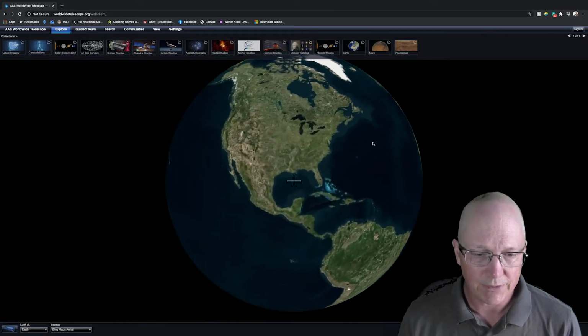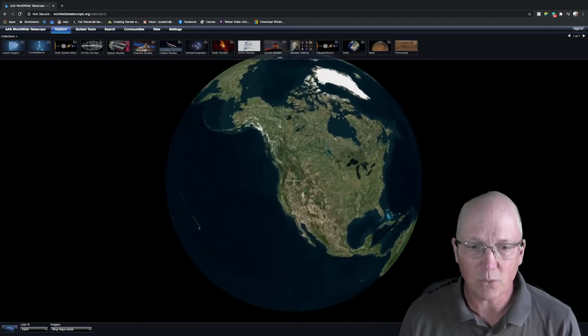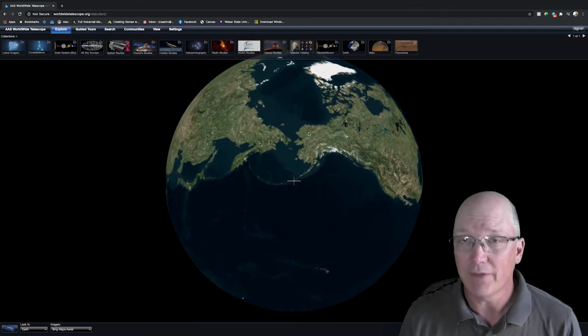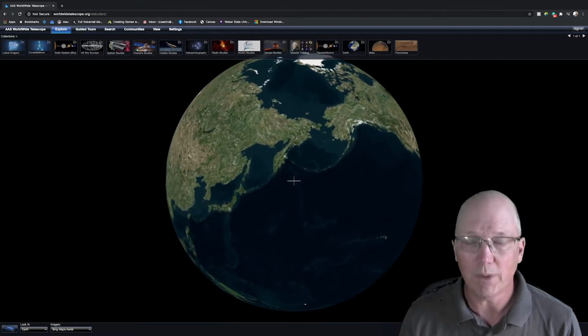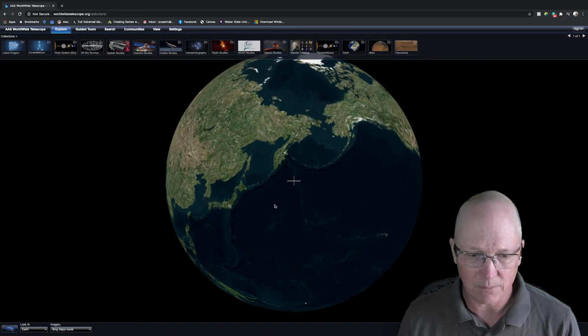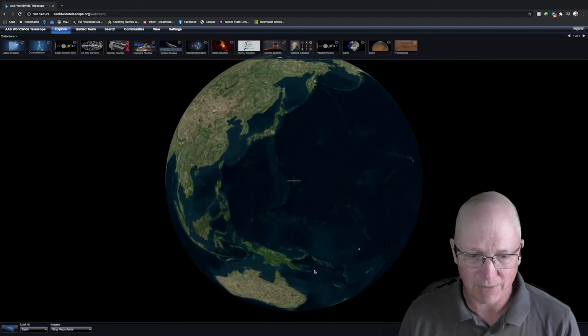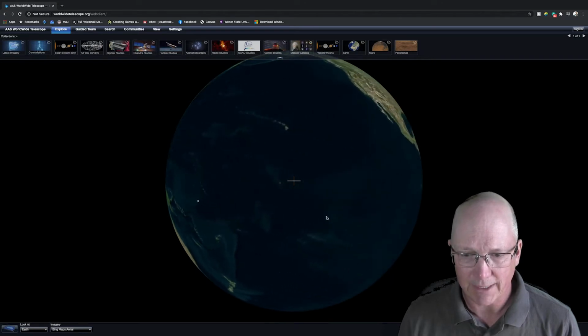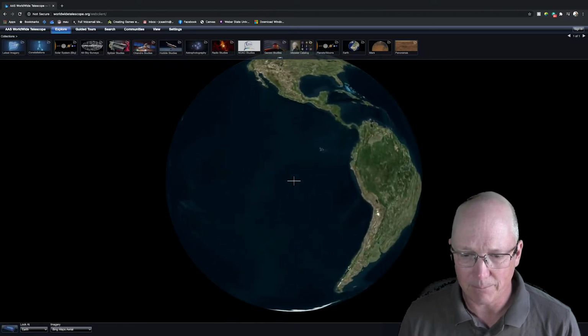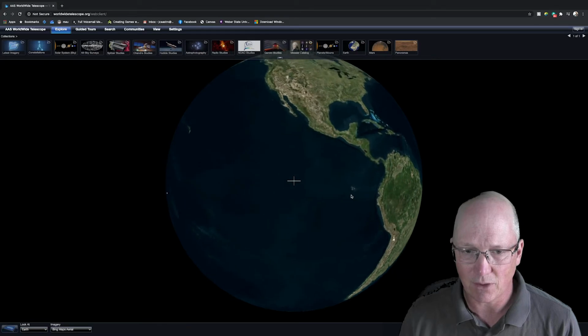The other thing you'll notice is that you don't see very many craters on the surface of the Earth, but we do see lots of evidence of volcanism. You've probably heard of the Ring of Fire around the Pacific Ocean. This is a ring of very active mountain building and volcanic regions all around here.